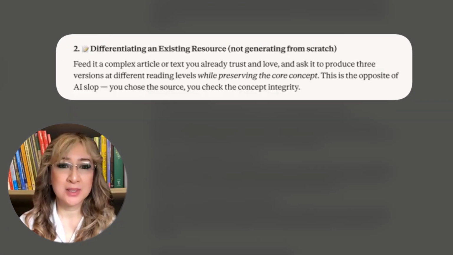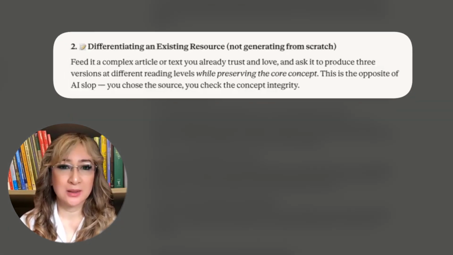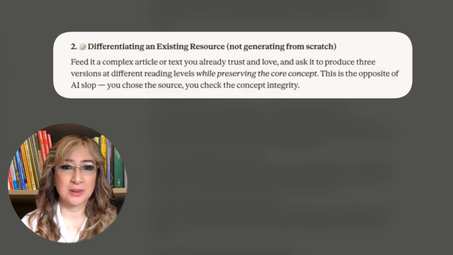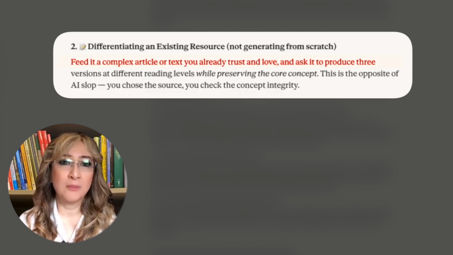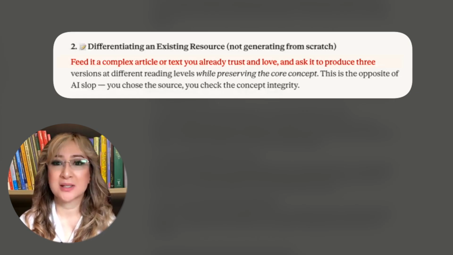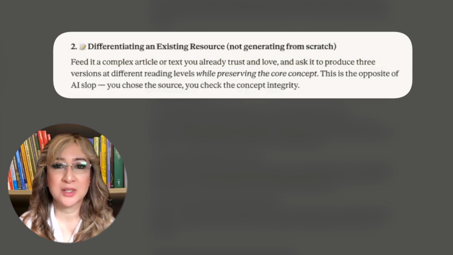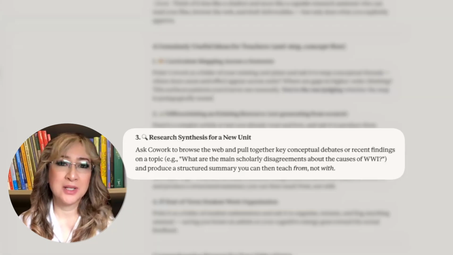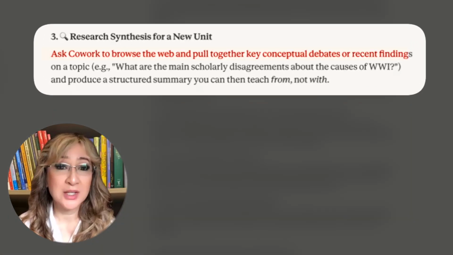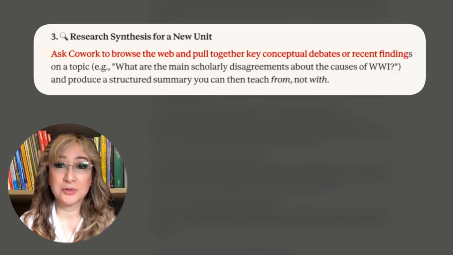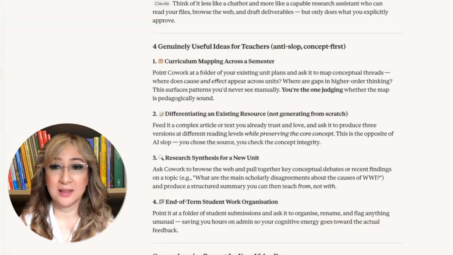Okay, so I'm just going to look at the next three: differentiating an existing resource, so not generating from scratch. Feed it a complex article or text you already trust and love and ask it to produce 3 versions. Okay. Number 3, research synthesis for a new unit. Ask Cowork to browse the web and pull together key conceptual debates or recent findings on a topic. That's a great idea.